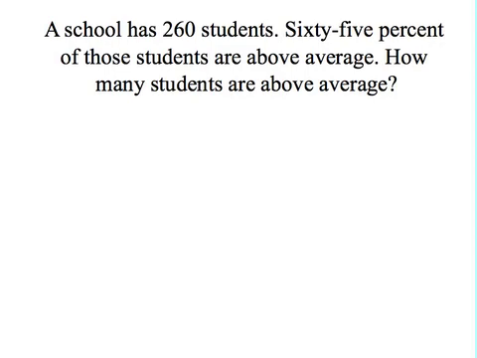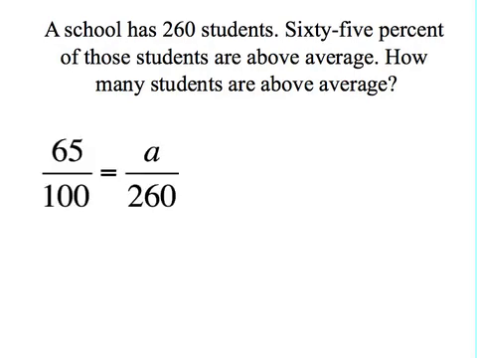Problems that involve percent can often be solved with proportions. So here we have a school with 260 total students, and 65% of those students are above average. We need to find how many students are above average at this school. Well, we know that 65% is 65 out of 100, so we write 65 is to 100 as the number of above average students, which we'll call A, is to 260.